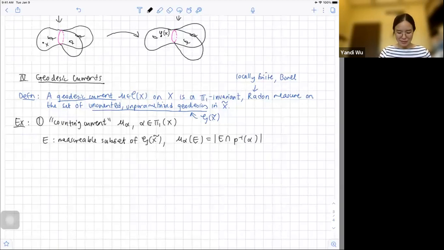So this is the full pre-image of alpha under the covering map.